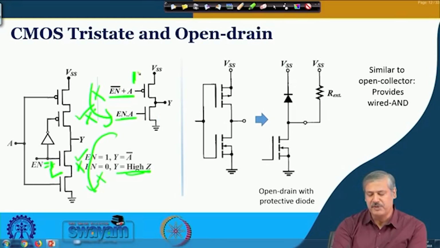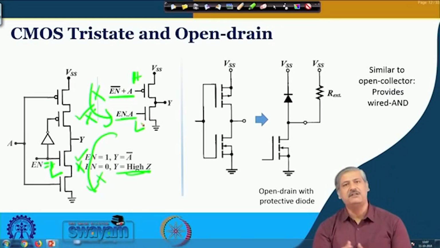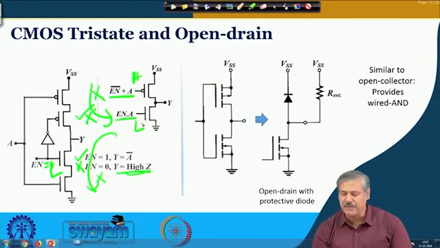So, this will be high and this will be low, which will ensure that both of them are off. So, output is electrically isolated, offering high impedance, and only when enable is high, it is A which decides the output. A could be many other things in the previous cases. So, these are the tri-stated configurations using CMOS, okay.